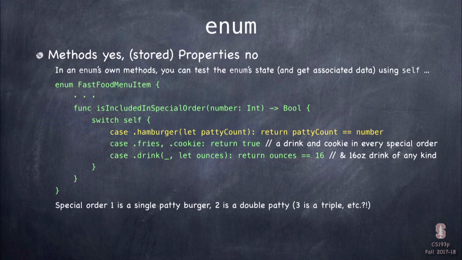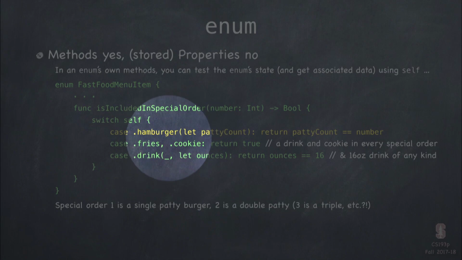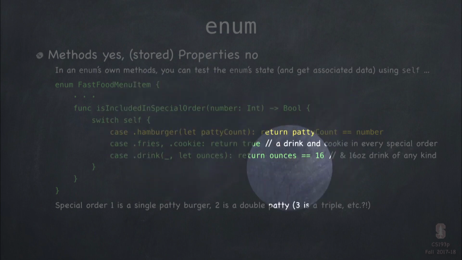Now there's some other interesting things to look at in this code. Notice that fries and cookie right there, right in the middle, I combined them into one case, which is allowed. With commas, you can have multiple going on there. Also notice in drink, I'm getting the number of ounces in a drink, but evidently in a special order, you can have any drink that's 16 ounces.